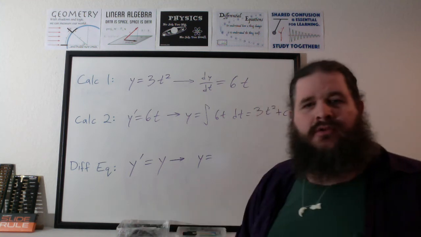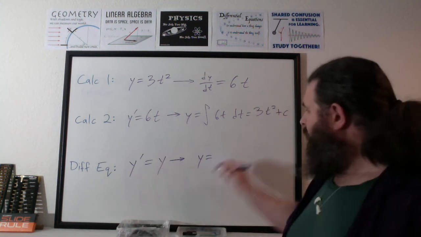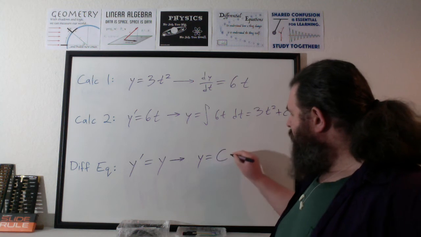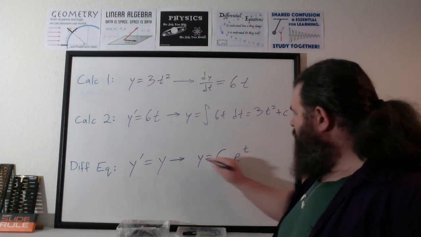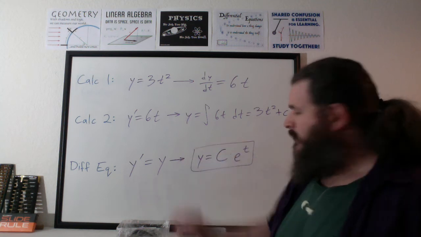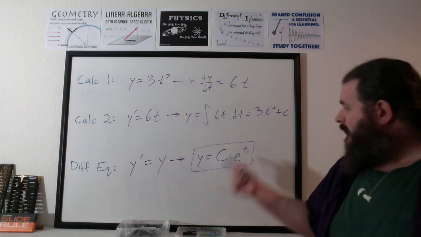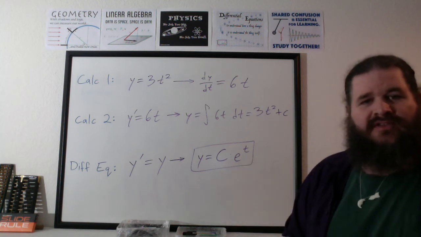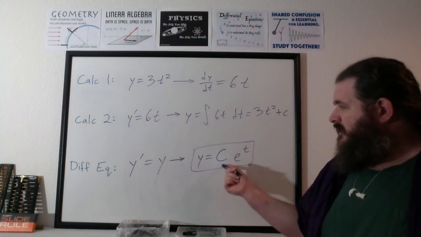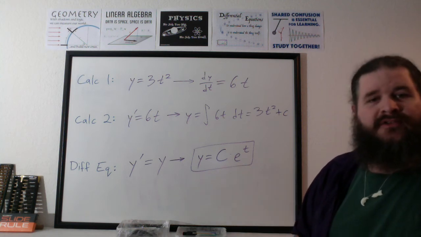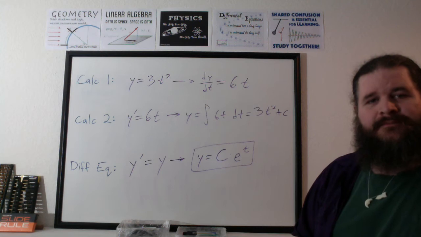So the general solution to y prime equals y is y equals some constant c times e to the t. Any such function will work because when you take the derivative, the c stays the same since it's a constant multiplier, and e to the t stays the same because it's e to the t. So this is the general solution. It's all possible solutions written in one formula.